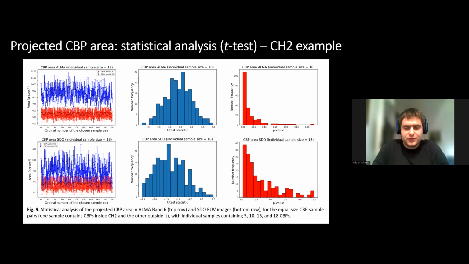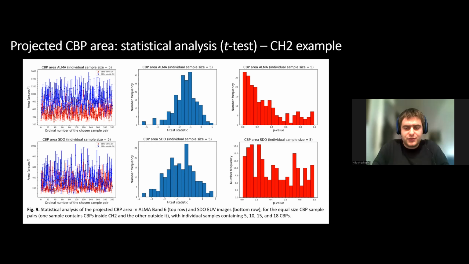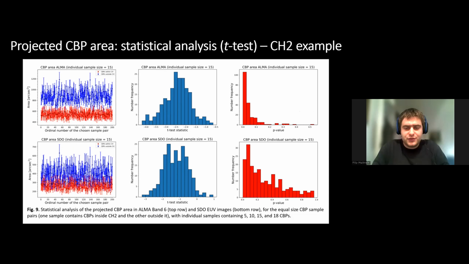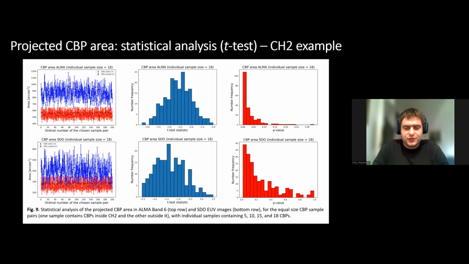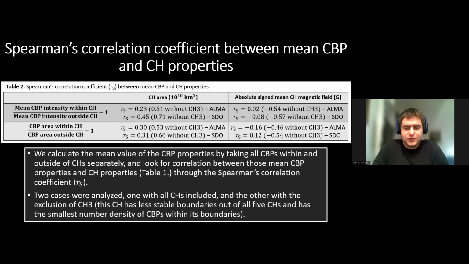So now that we have found that there is a difference between CBPs within and outside of coronal holes, we wanted to investigate if coronal hole properties might be influencing the appearance of CBPs within them. To do so, we have calculated the Spearman's correlation coefficient between the relative ratio of the mean CBP properties within and outside of coronal holes and the coronal hole area, and later the absolute signed mean magnetic field of the coronal holes.